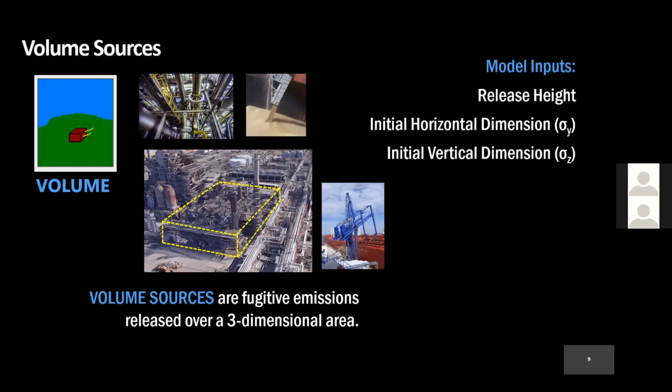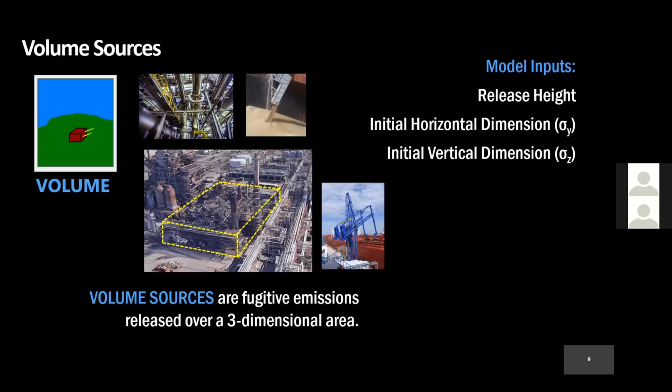Also, you can use it for collections of piping and equipment, kind of fugitives. You can use it for material drop points, and you can use it for loading. But again, it's for any kind of non-buoyant fugitive release over a three-dimensional area.